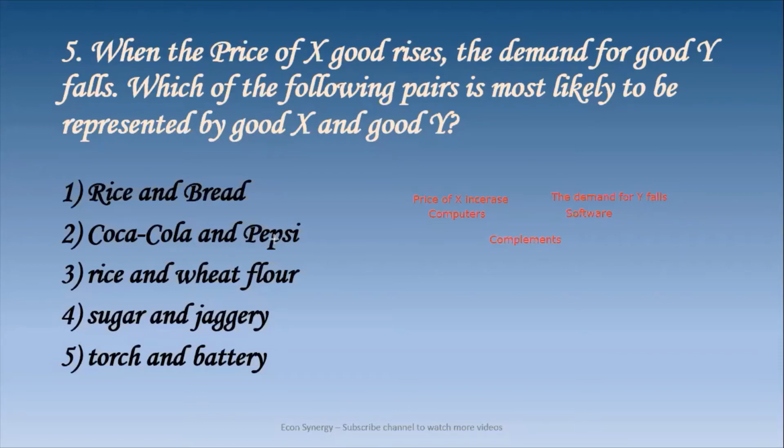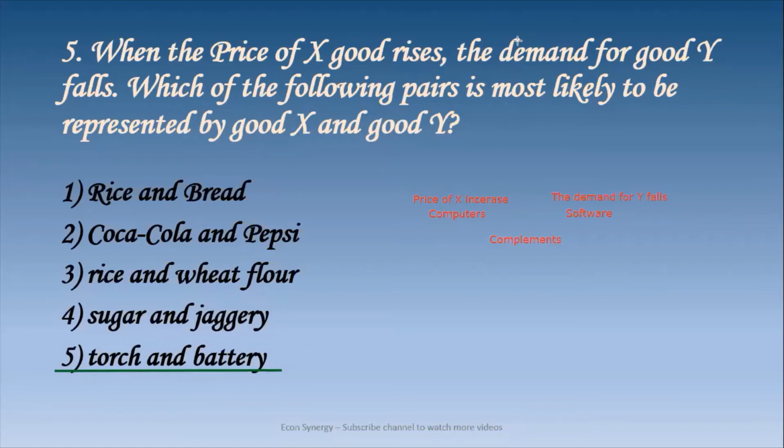Coca-Cola and Pepsi, substitutes. Rice and wheat flour, substitutes. Substitutes means the things we can consume instead of one good, right? Sugar and jaggery are substitutes. Torch and battery, they are complements, two things consumed together. So this is the answer. Fifth one is the answer, torch and battery.